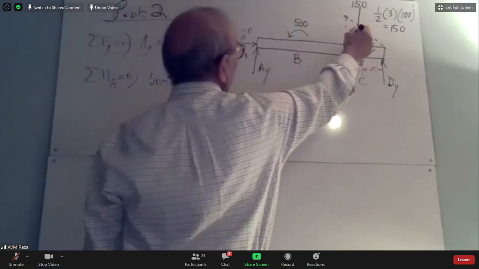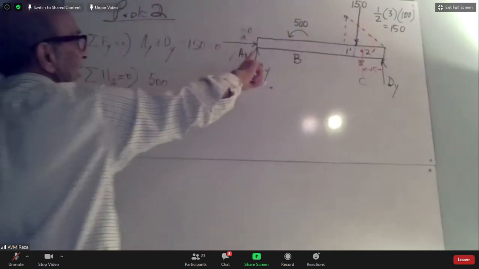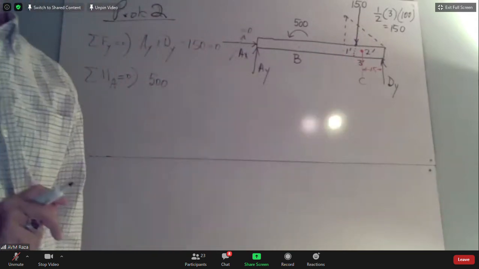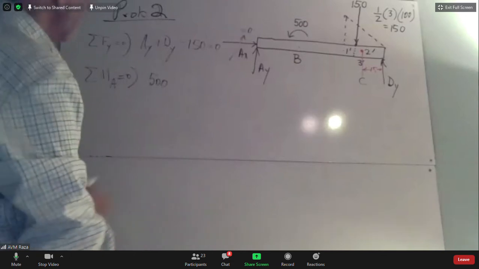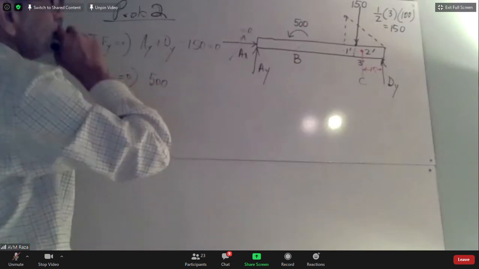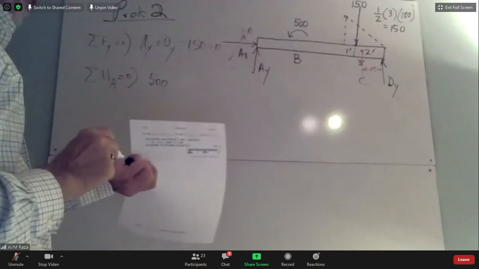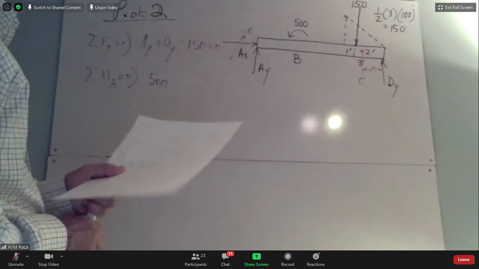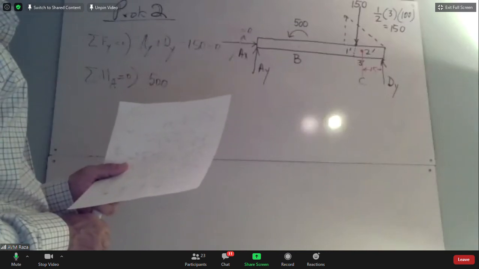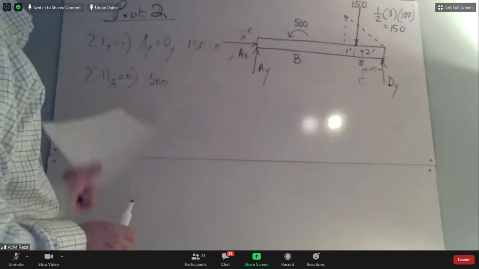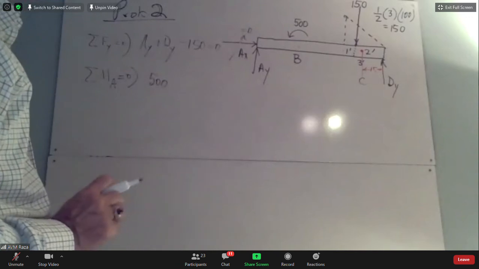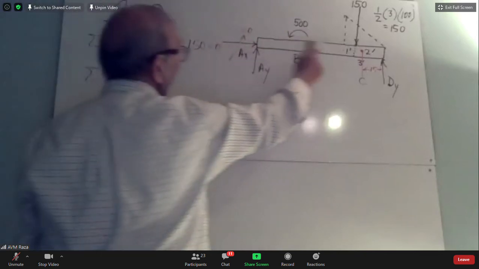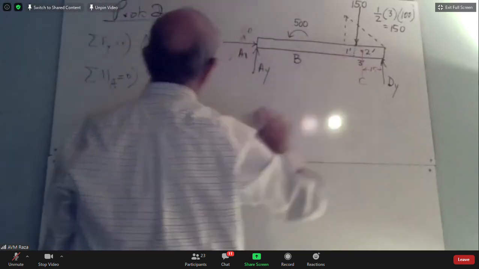And then this will contribute how much? 150 times the moment arm. Will it be 7 or 7.5? It'll be 7, because the force is acting at 2/3 of the triangle. 3 plus 3 plus 1, yeah, 7.